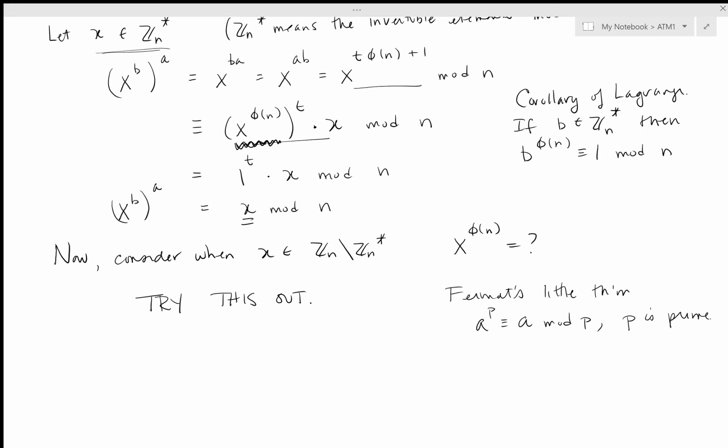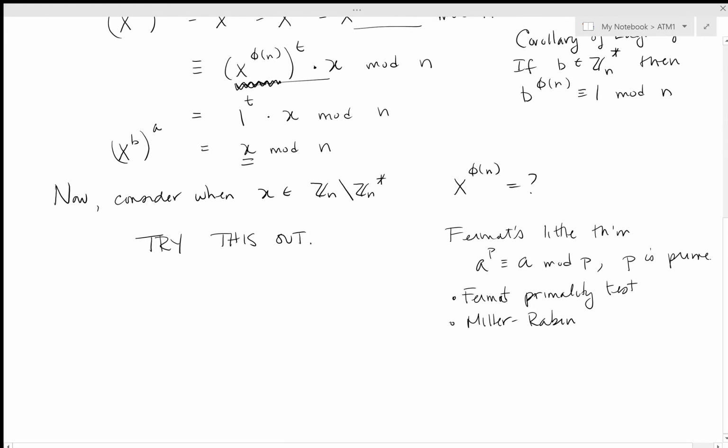And one method actually is there. Using this Fermat's little theorem, we could have the Fermat primality test. That is one option. There is also the Miller-Rabin algorithm for finding large prime numbers. And then I'm just drawing your attention now, as a preview of what's coming, to the Solovay-Strassen algorithm, and that is the one we are going to focus on.